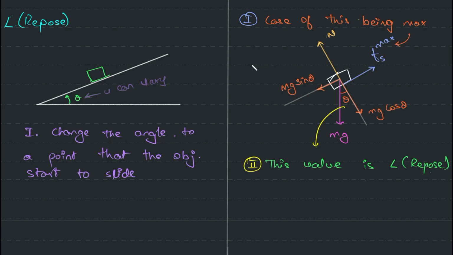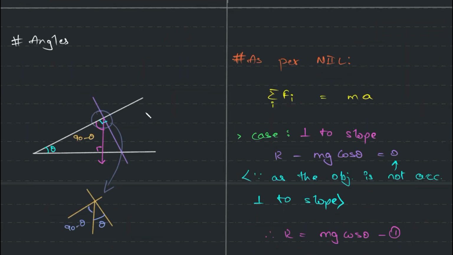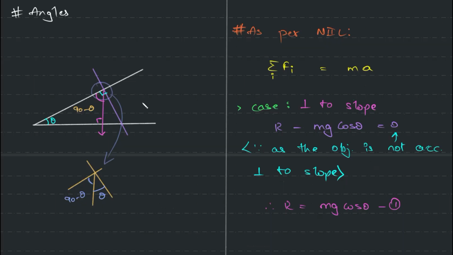And all I did was resolve the vectors along the slope and perpendicular to the slope. And this has to be theta for this reason. And then we apply Newton's second law perpendicular to the slope and along the slope. Since it's at rest, they'll be equal to 0.